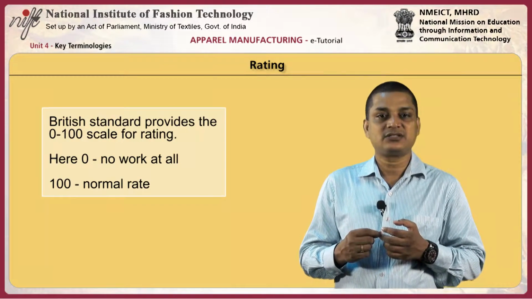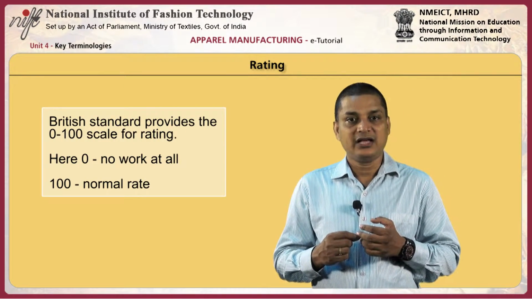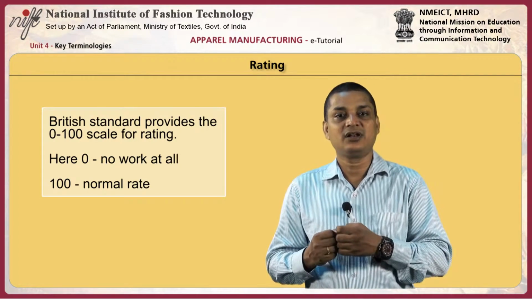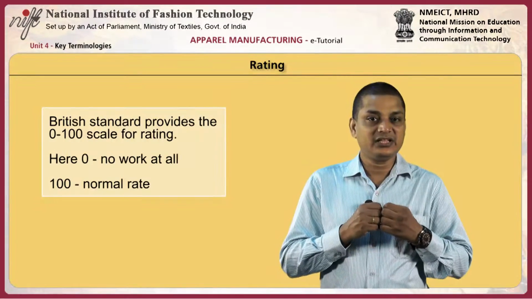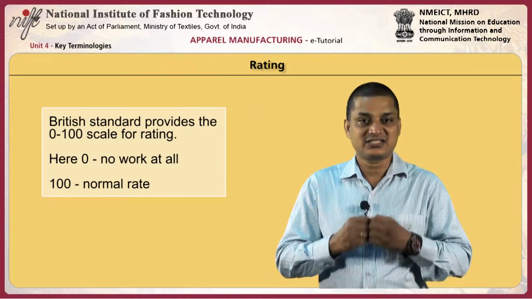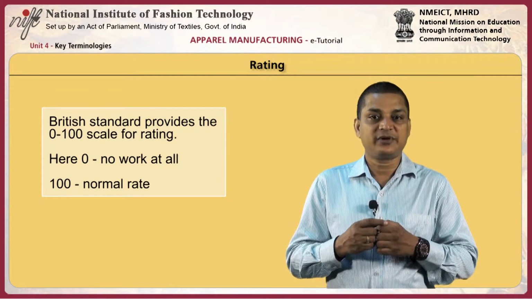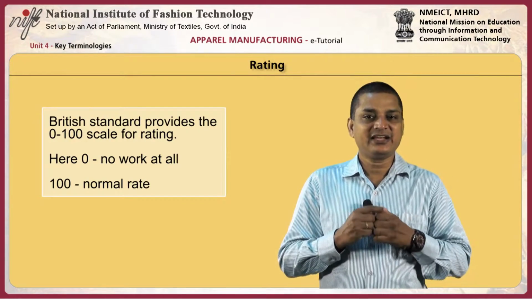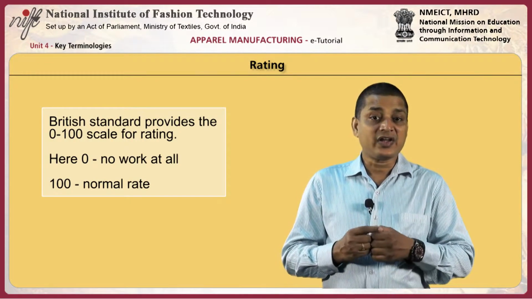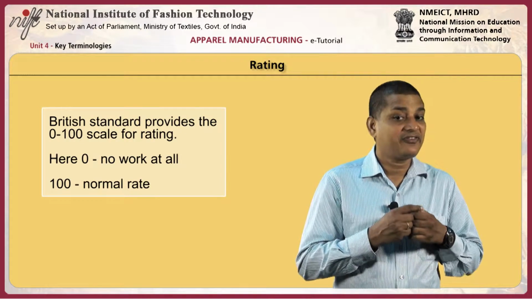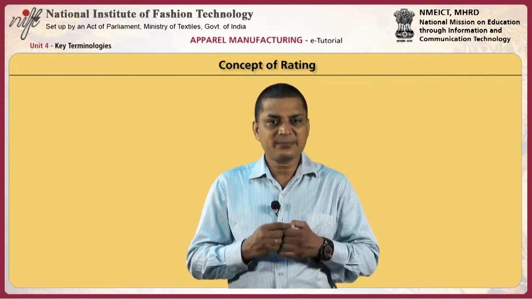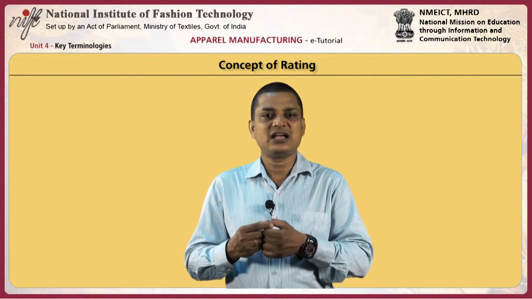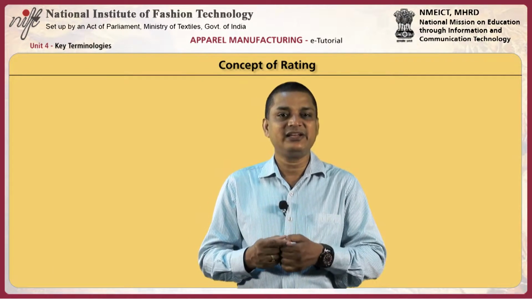Here 0 represents no work at all, and 100 a normal rate. We rate the job on this scale after observing the operator. A slow rate may be rated around 50 and a fast one around 125. The concept of rating, known in the US as grading, is fundamental in time study.